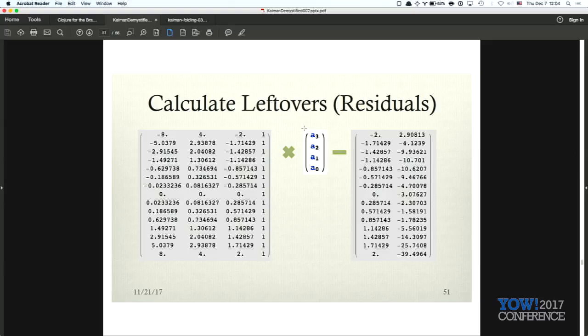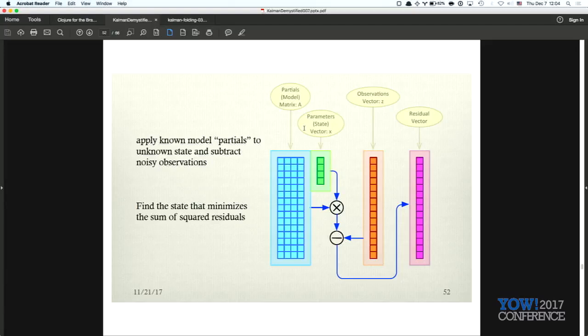I multiply that big stack of models times my unknown coefficients, and I subtract the actual data. These are the times, and these are my noisy data. Of course, I can't do this. This isn't a numerical computation yet, but it will be in a second.